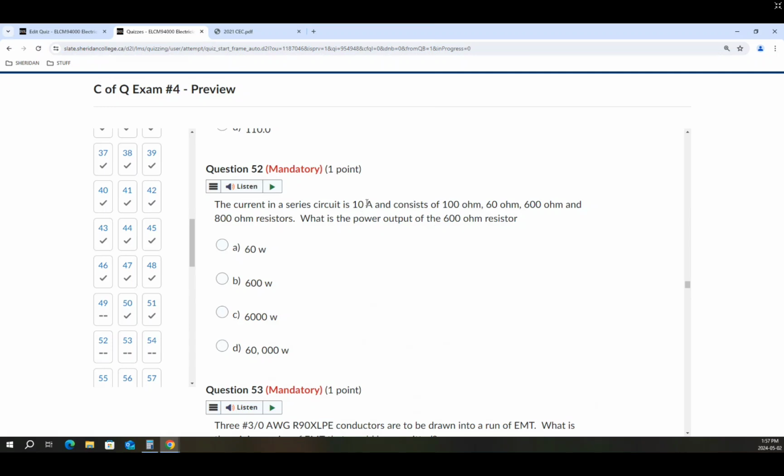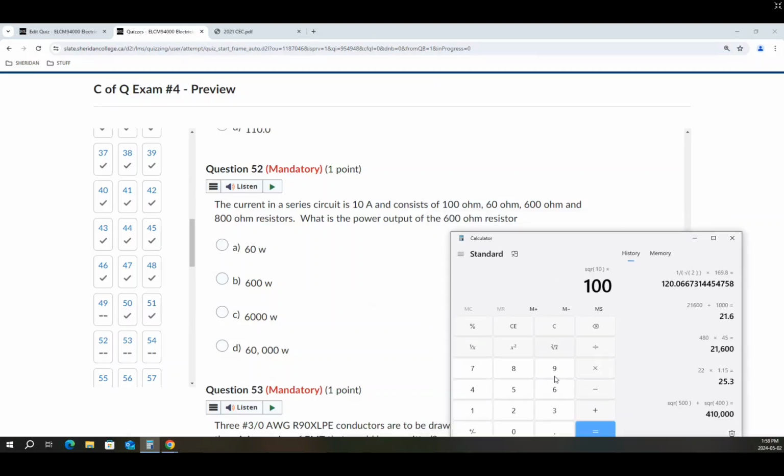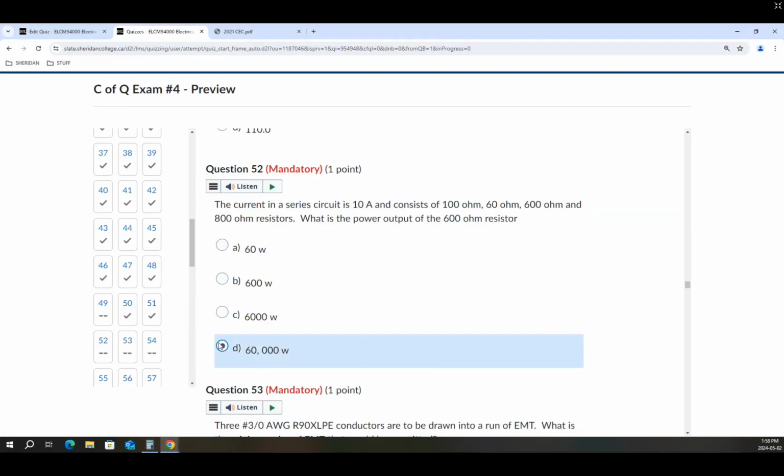So my current on all of them is going to be 10 amps. So if I want my power for the 600 ohm, then I'm just going to go I squared R. So it's going to be 10 squared times R. And they're asking for the 600 ohm. So 60,000.